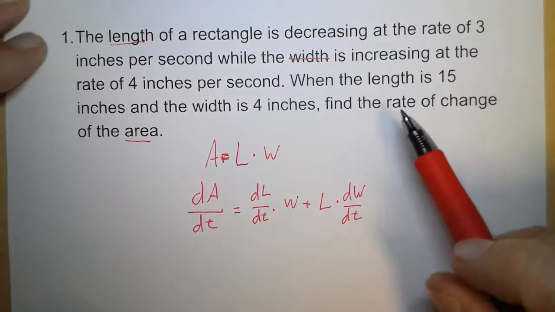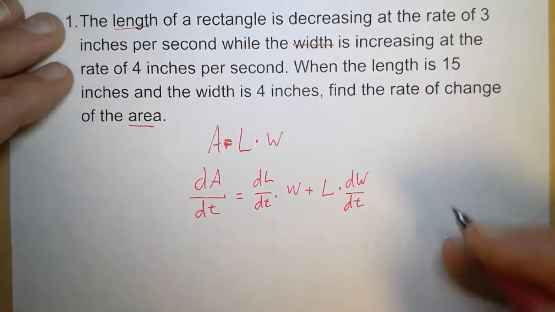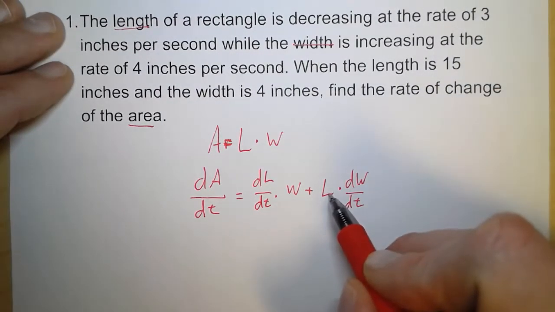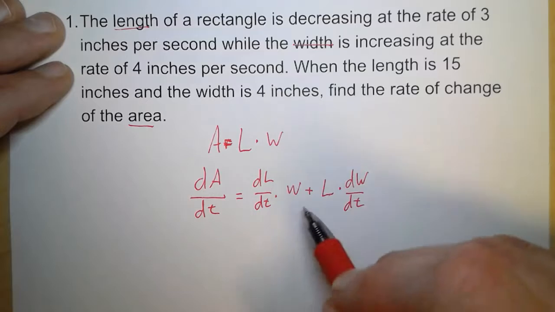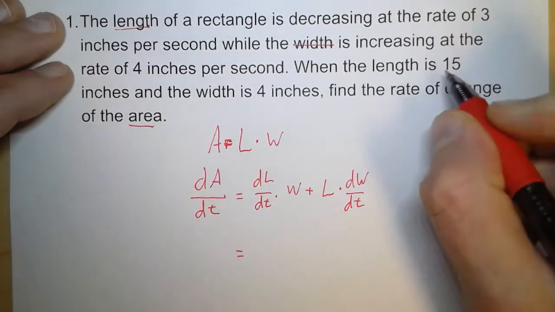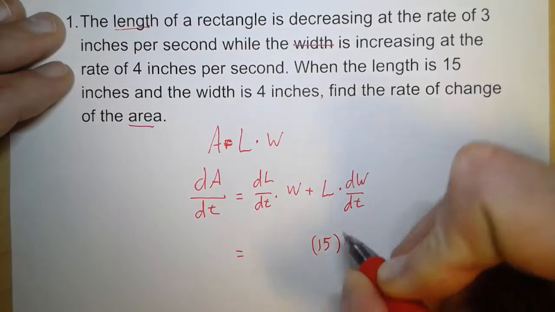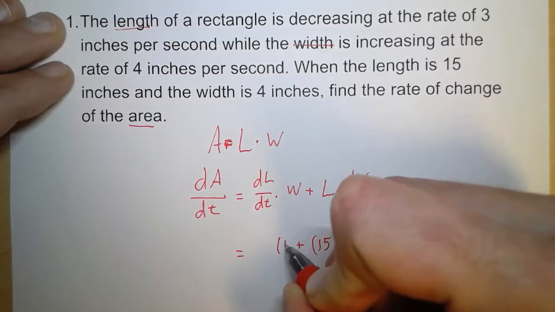And so we want to know when the length is 15 inches and when the width is 4 inches. So that means we're going to put 15 in for l. That's 15 over here. And 4 in for w.